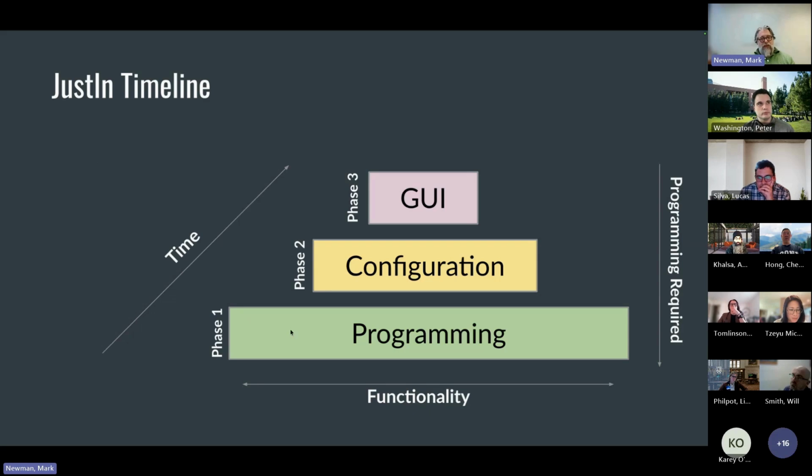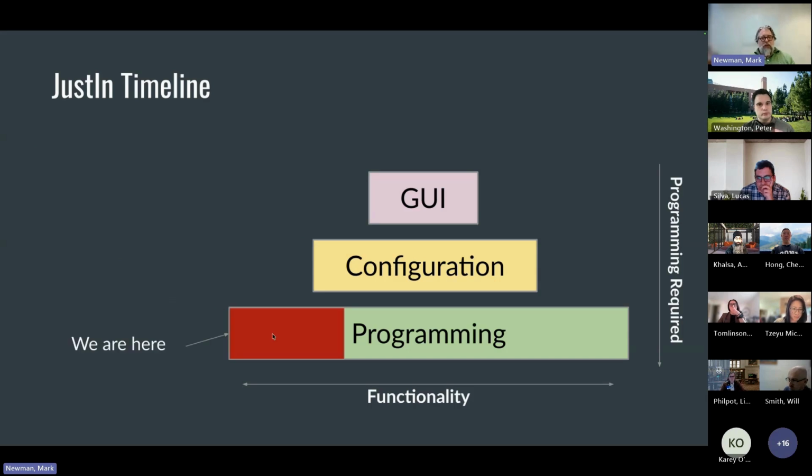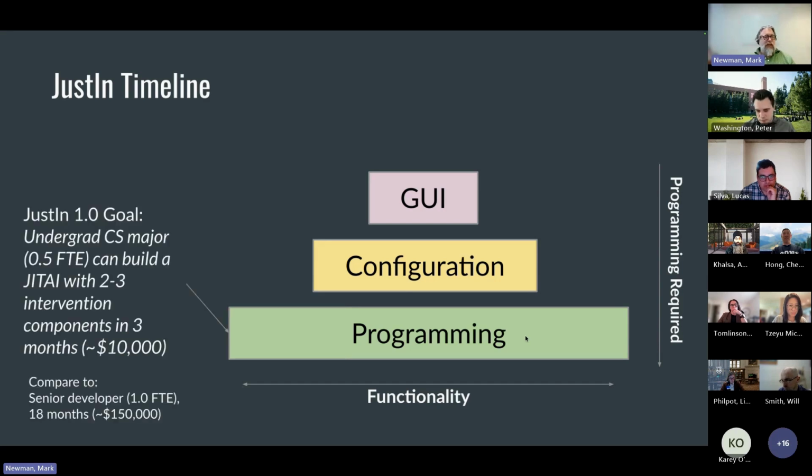We're right now building the programming layer, and in fact, we're right about here. So we've got a ways to go, but we have been building this, and we're looking at a Justin 1.0 release later this year.